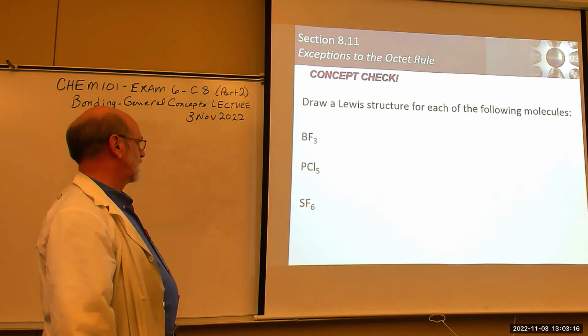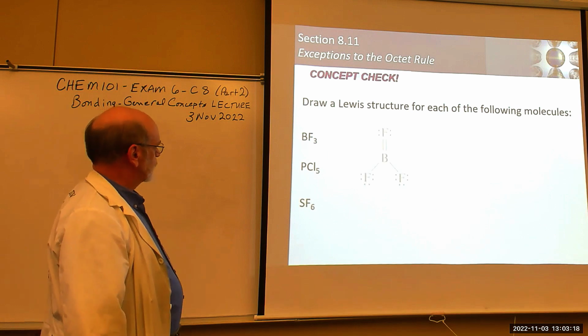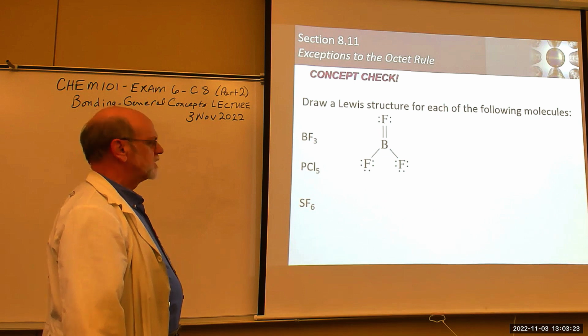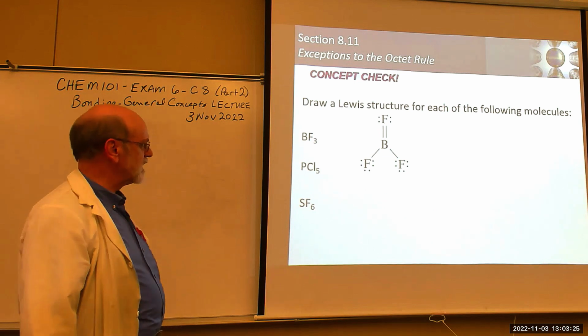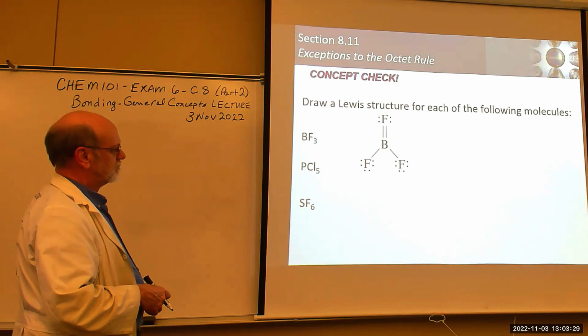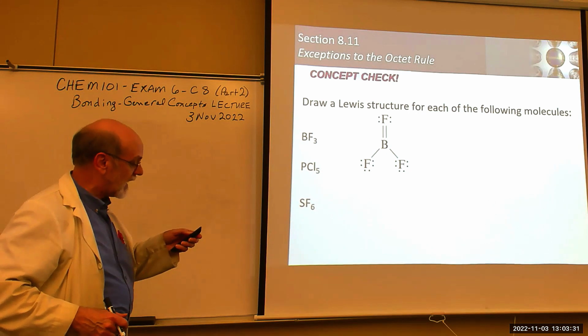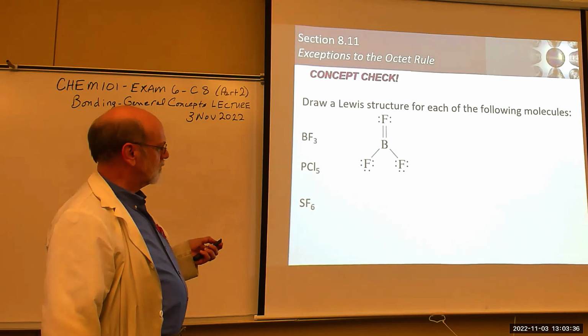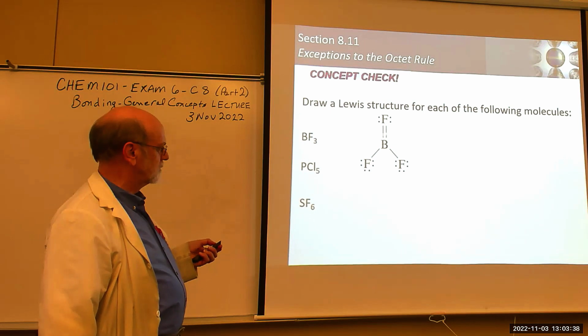Okay, we already did the BF3. No, we didn't. We did BH3, right? Okay, BF3, we substitute fluorine in here. And if you draw the molecule, this is a valid Lewis dot structure. But notice that you got a double bond here and only single bonds there.